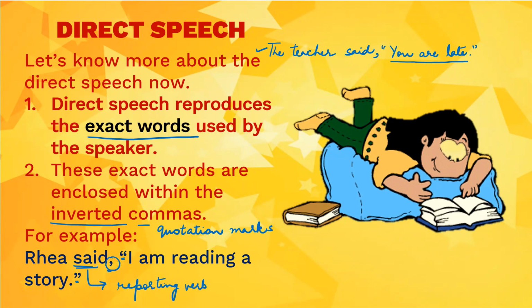If you are not putting a comma here, your construction will be taken as invalid or incorrect. Then, after putting a comma, you have to quote what Ria said. So, obviously, when we are quoting somebody's exact words, or when we are quoting something that somebody has spoken about, we will always put them within inverted commas. If you do not put these inverted commas, your teacher may cut your half mark.